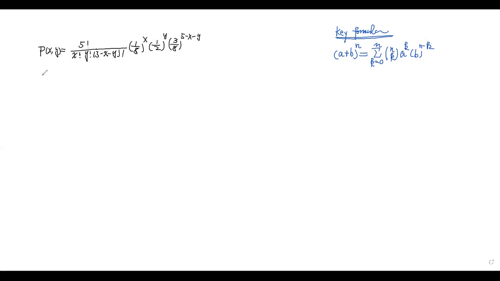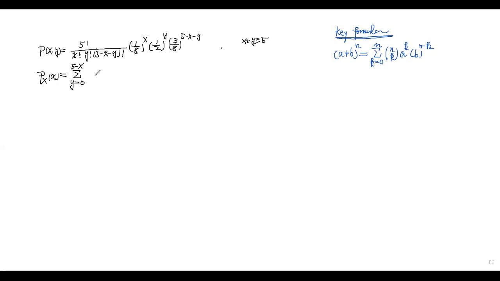Now let's take a look. How do I find the marginal distribution for x? Remember, if you want to find the marginal for x, you sum over the y's, just like if it's continuous, you integrate. So here I sum over the y's. Y is from 0 to what? In here they give us the condition that x plus y is at most 5, so y goes from 0 to 5 minus x.